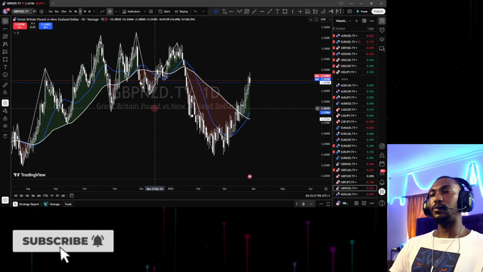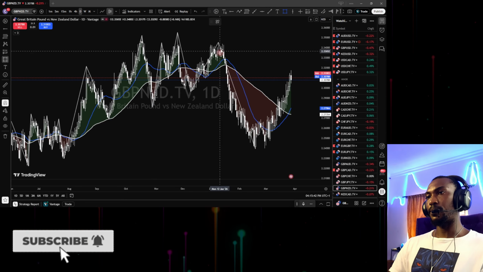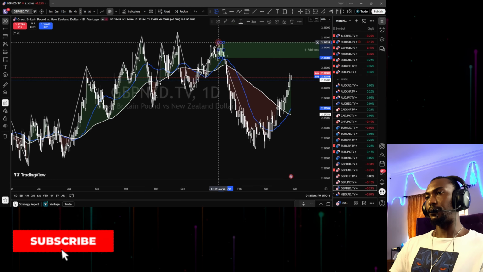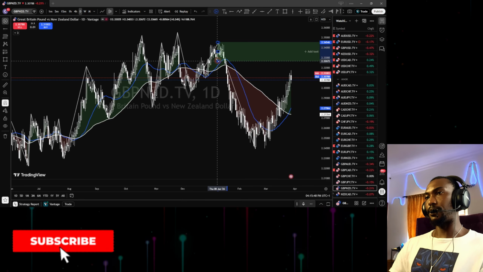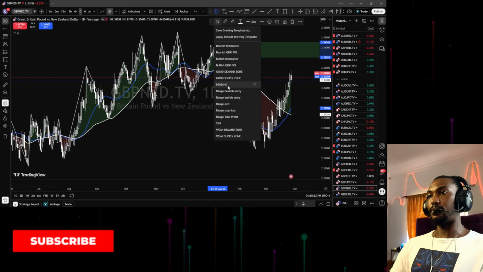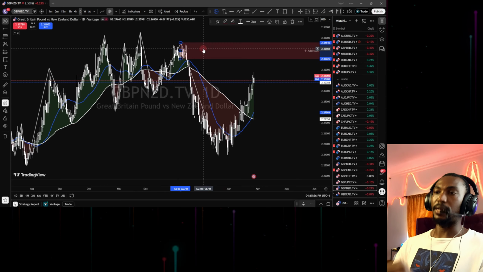Okay, so this is the New Zealand dollar against the British pound, and one thing you'd see here is they are still quite far from the last area of, should I say, resistance? Yeah, the last area of resistance, basically a supply zone.